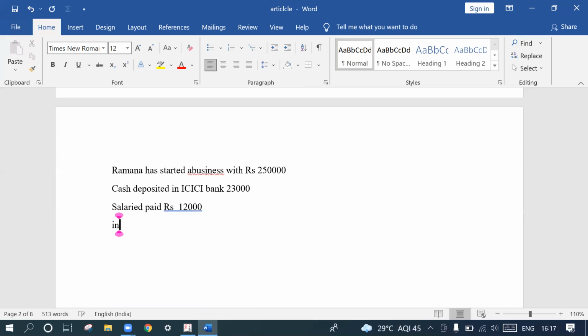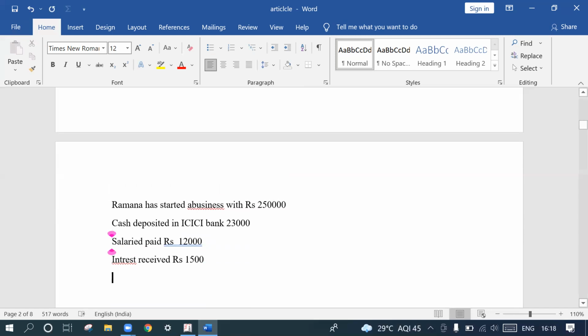Yes, interest received. Rupees 2,300, or we shall take another figure that is about 1,200. Yes, it will be different from above the figures. So 1,500.